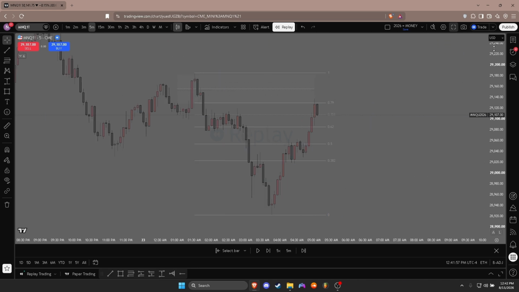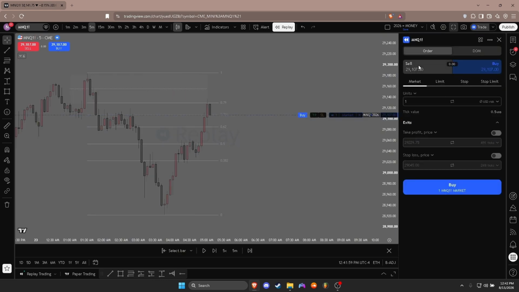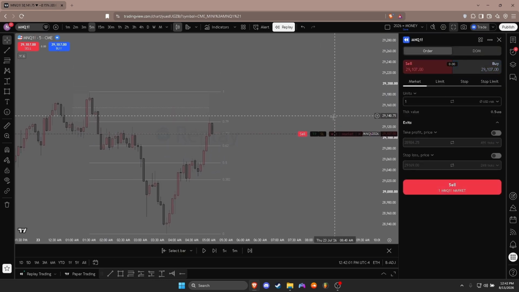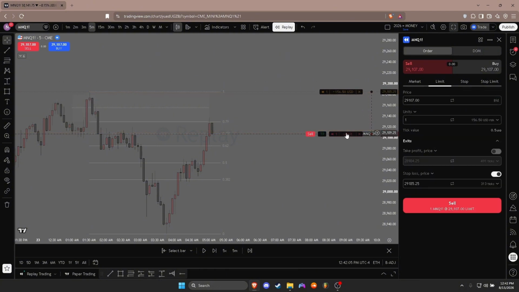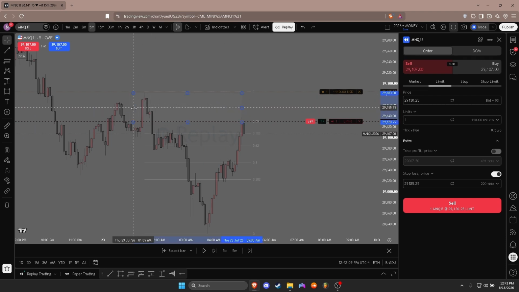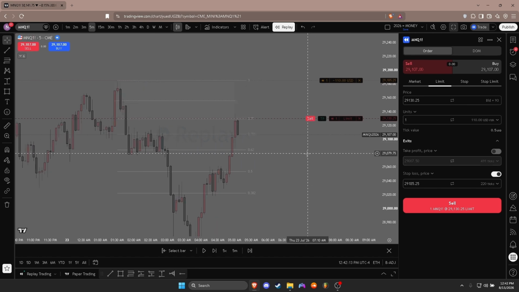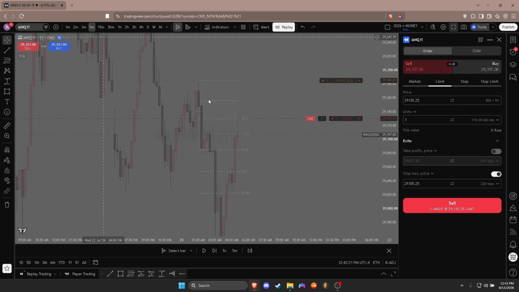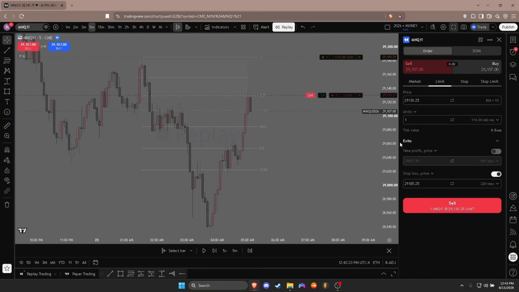Preferably, I might have to market order, but usually I would set a limit at this zone, because at this key level, what do we have? A rejection block. If you like to add confluences, we have a rejection block right here, and we have this IFVG at this level, things like that.